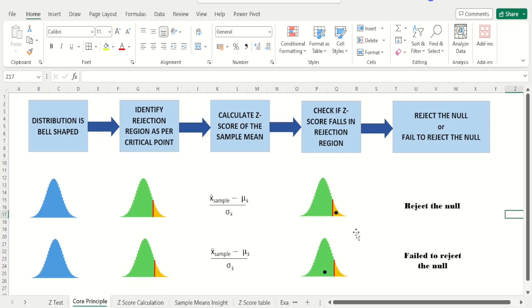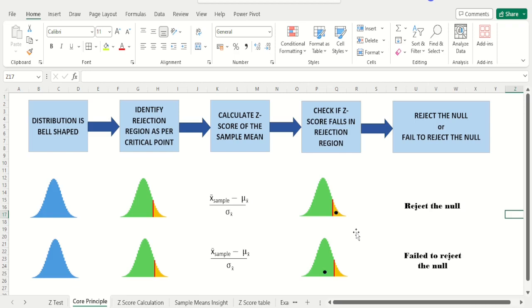Fourth, if it does lie in the area of rejection, then we reject the null, which means, in other words, we will endorse the alternate hypothesis. And if it does fall in the area of non-rejection, then we're going to stick to the null. In other words, we'll say that we have failed to reject the null. We can infer that the null statement, or the starting statement, is correct.